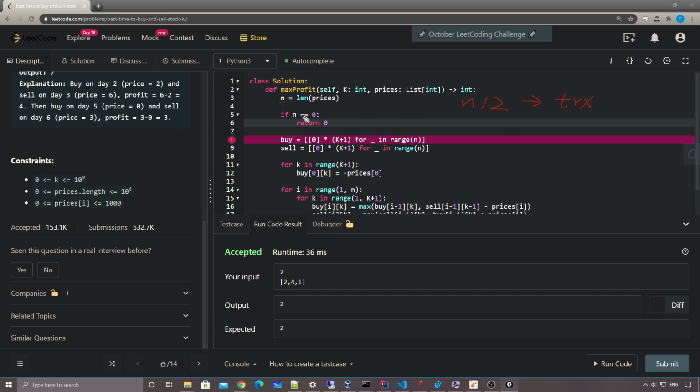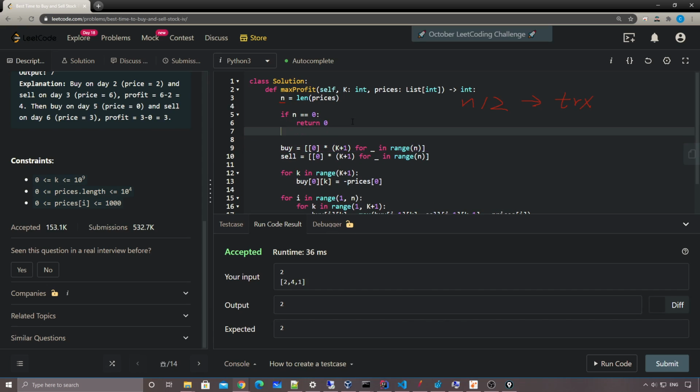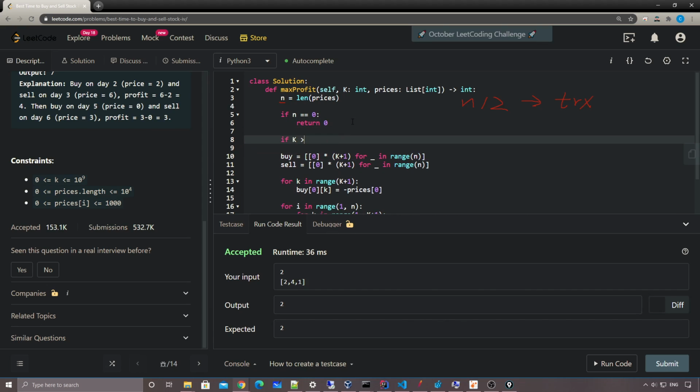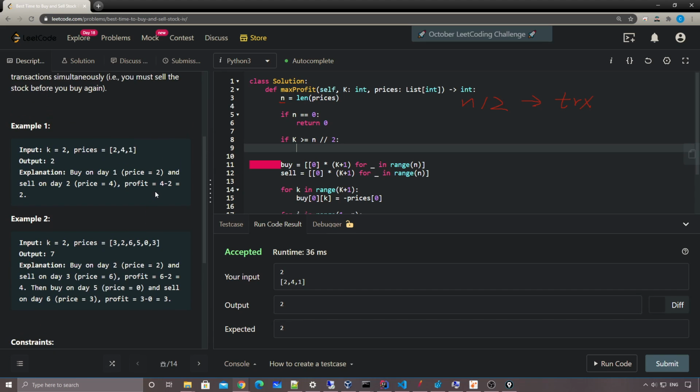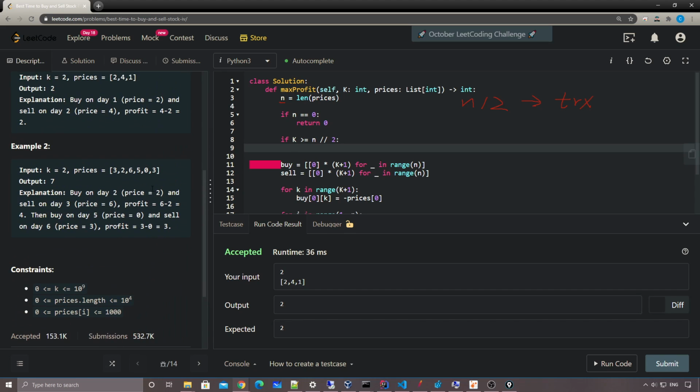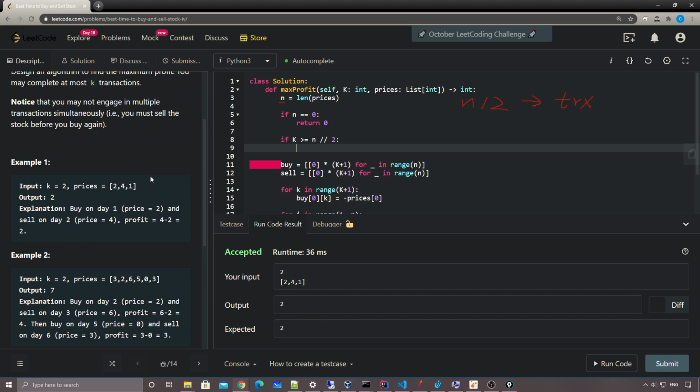So if k is equal to or greater than n divided by 2, what does this mean? It means there's no limit. We can sell and buy stock at any time, and since k is so big, we don't have to worry about the constraint on the number of transactions.